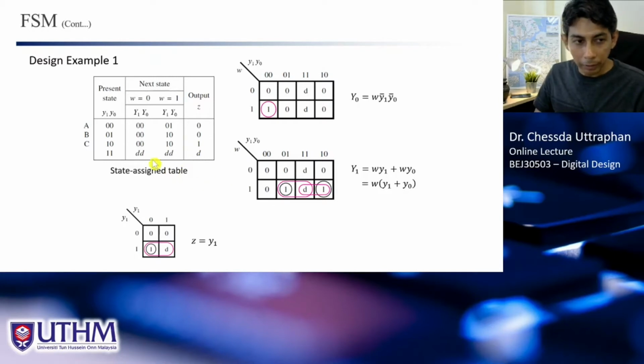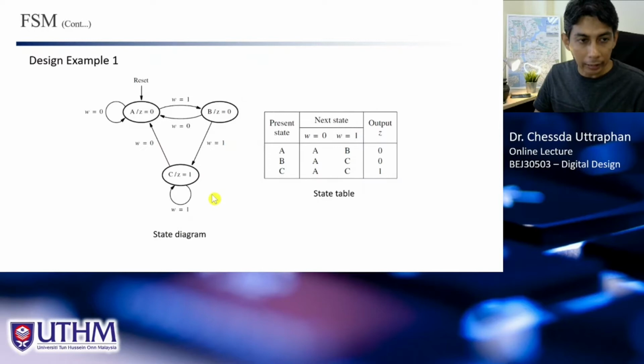But we are lucky that we have Verilog, so we can actually skip this step. All right, we only need the behavior, which is the state diagram, in order to write the Verilog code.